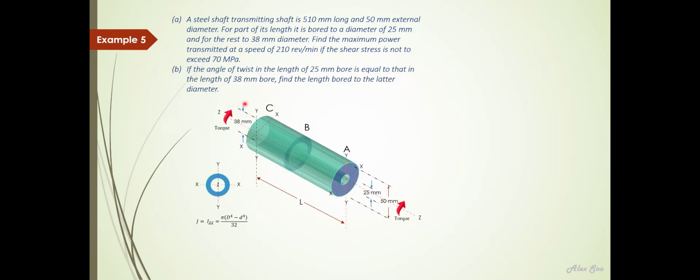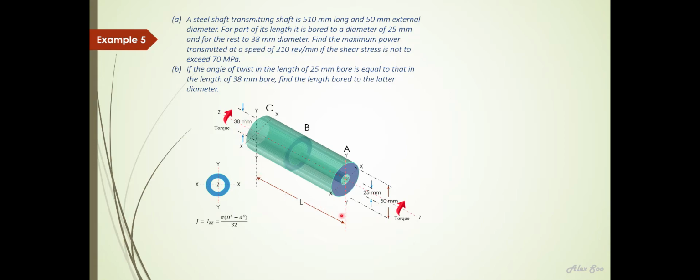Okay, now here I have the diagram. So you have part A to part B here. That is the length of the shaft which has the bore, that means the internal diameter, of 25 mm. And then another section here, which is a part of the shaft also, which has an internal diameter of 38 mm.